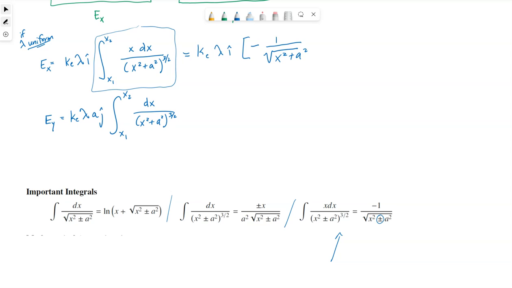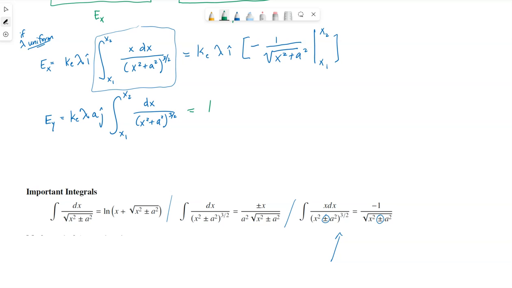The sign in here is based off of the sign that was in the integral. Since we have x squared plus a squared, we use x squared plus a squared. Now we would still need to evaluate this integral between our two limits. And this would give us the overall x component of the electric field.